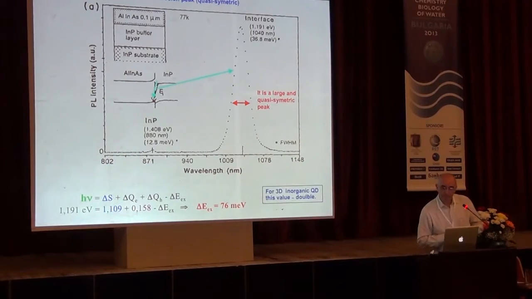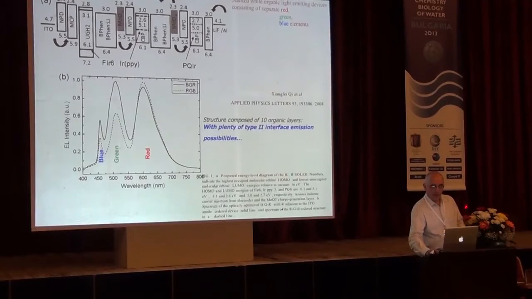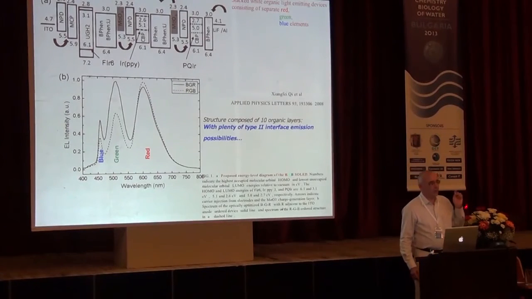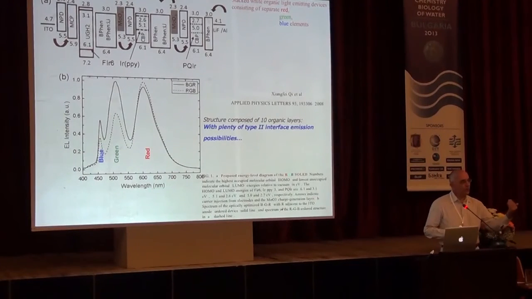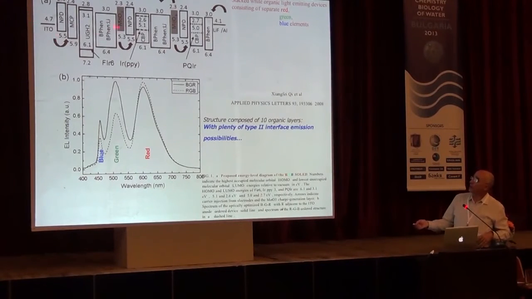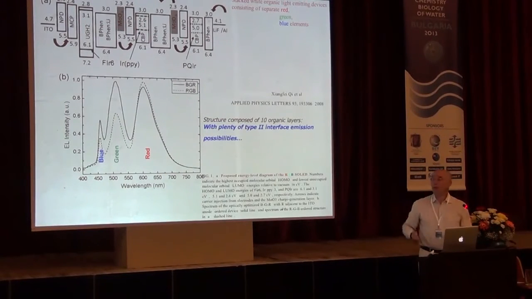For a 3D system, meaning the core-shell system for quantum dots, it is much higher, double this value. And for organic solar cells or organic LEDs, we need the emission. For solar cells, we need the separation of charges. And we built this sandwich as a starting point of many layers.